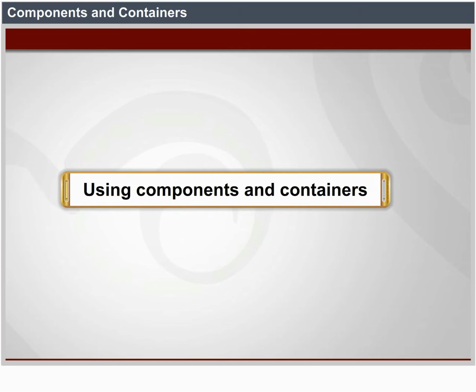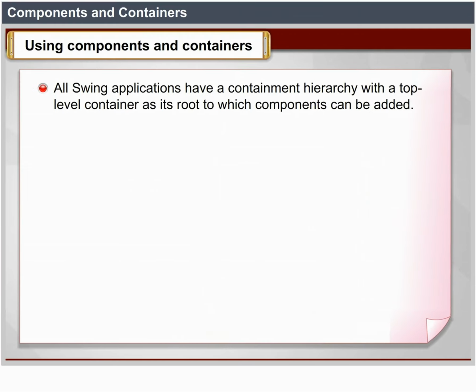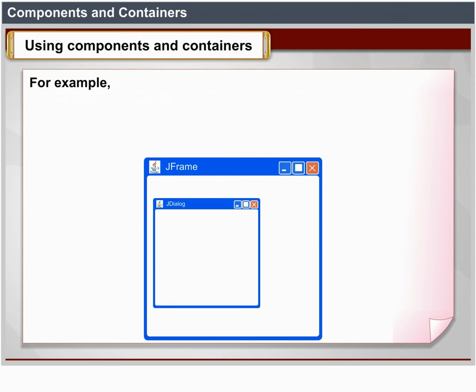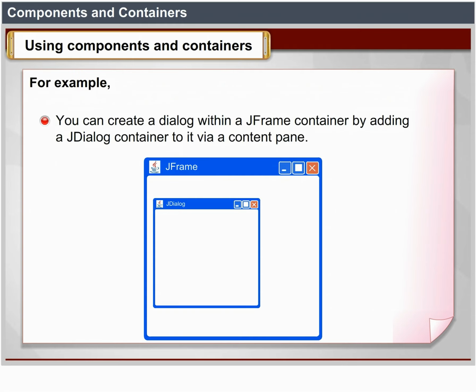Using components and containers. All Swing applications have a containment hierarchy with the top level container as its root to which components can be added. For example, you can create a dialog within a JFrame container by adding a JDialog container to it via the content pane.